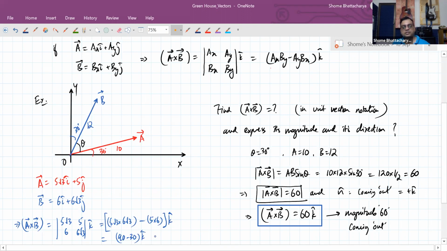So as expected, this is giving us the same result. A cross B is 60 k cap. Okay, so logically and the formula based method, they agree. So everything is fine over here.